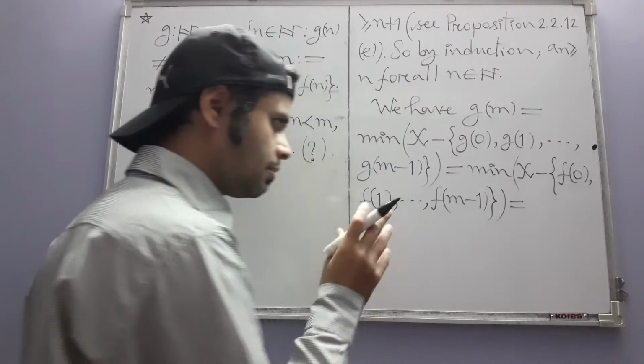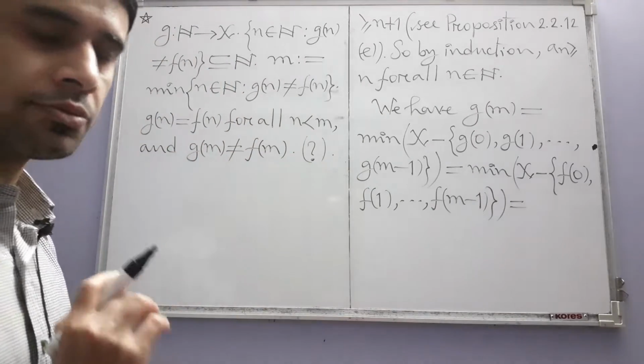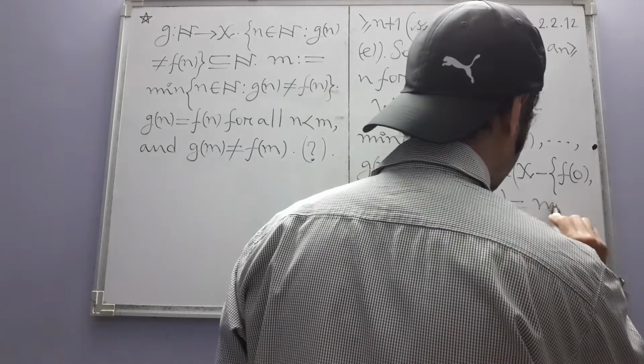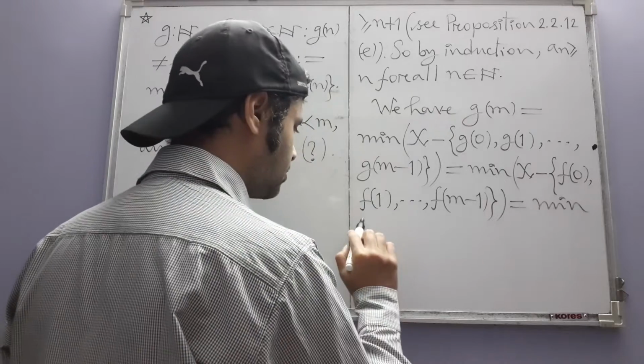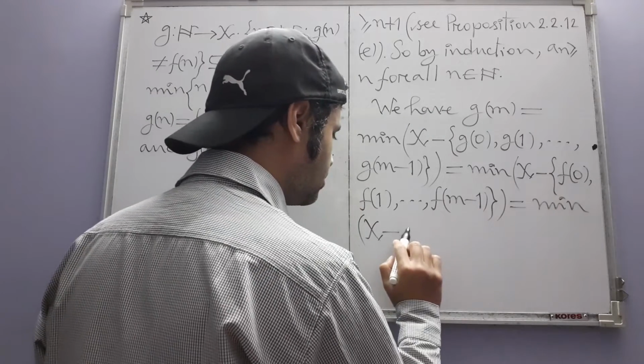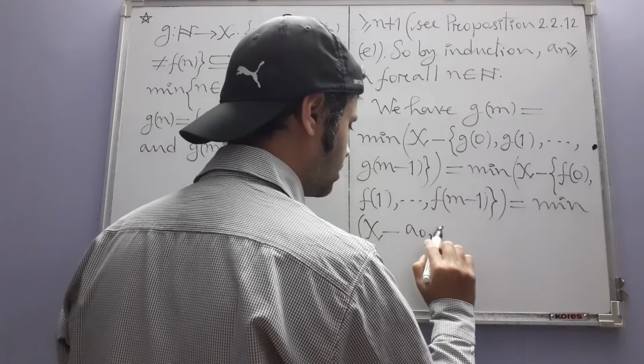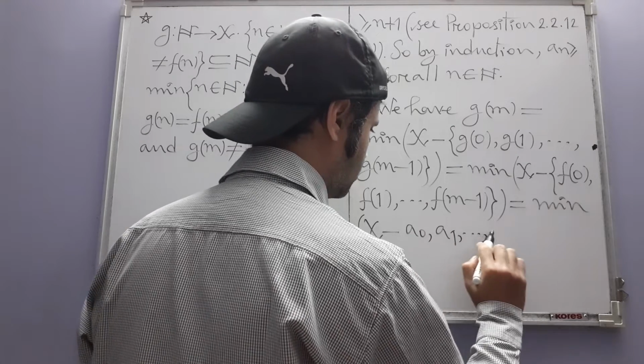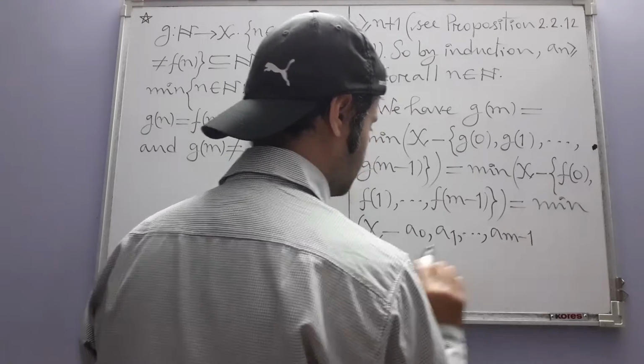But we actually know what the definition of f is. So this is the minimum of x minus f of 0 is a naught, f of 1 is a1, am minus 1.